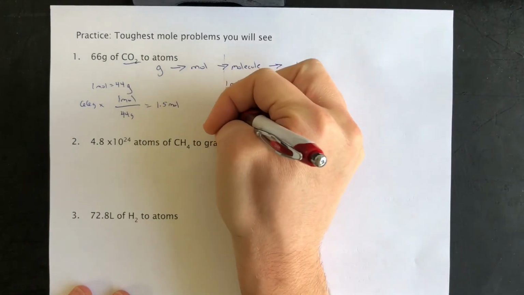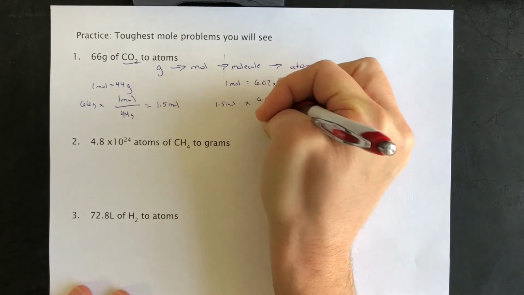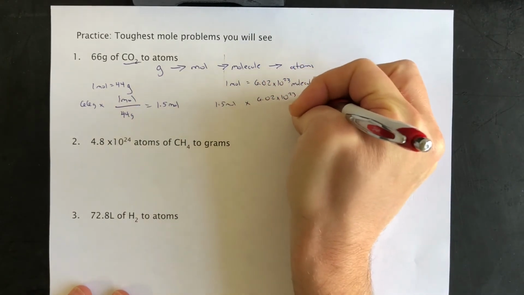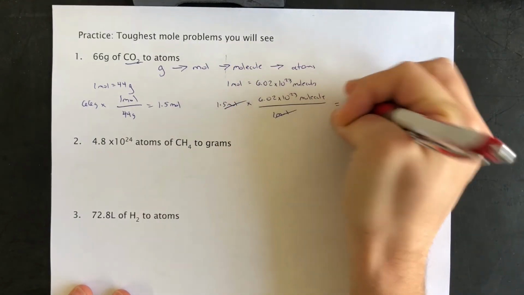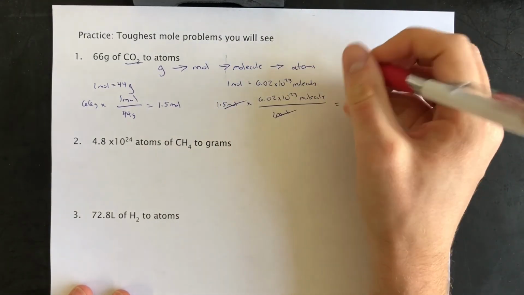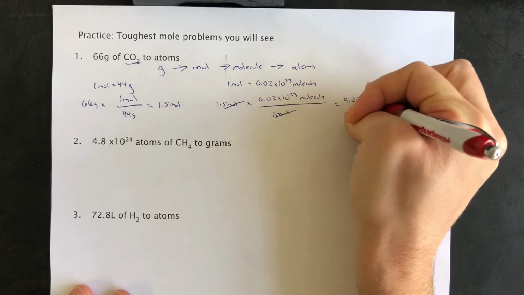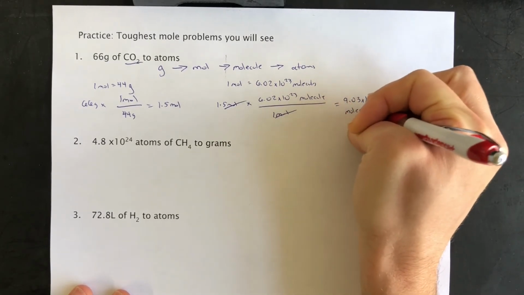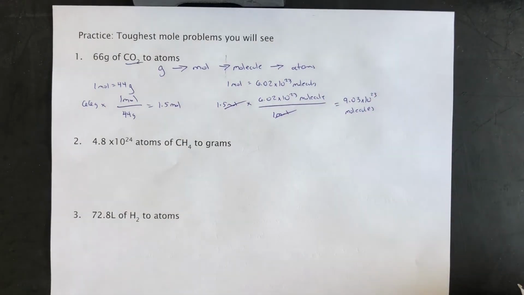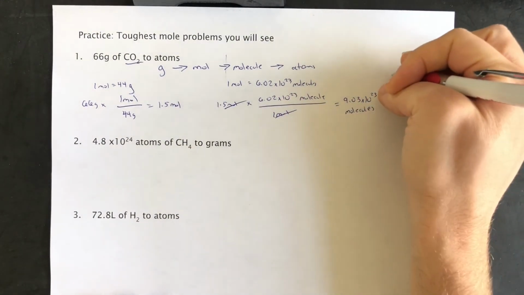So we take 1.5 moles times 6.02 times 10 to the 23rd molecules over 1 mole. Moles cancel, giving us 9.03 times 10 to the 23rd molecules.